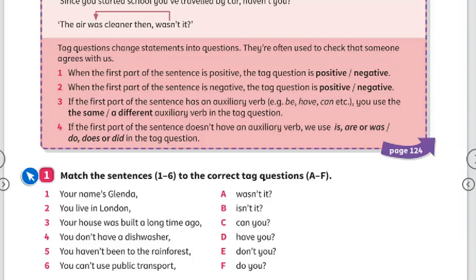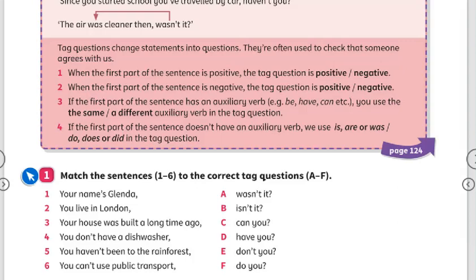Number 3. Your house was built a long time ago. The answer is wasn't it? Letter A. Number 4. You don't have a dishwasher.